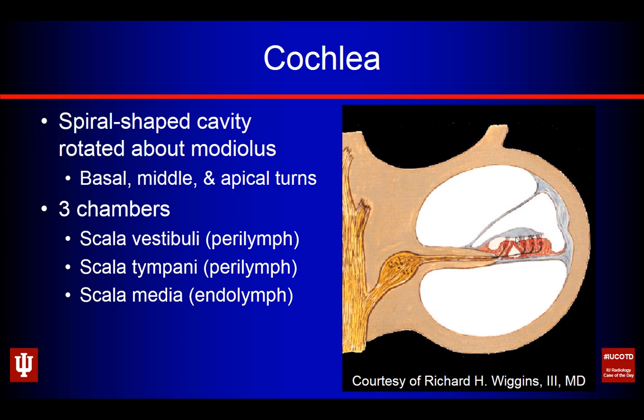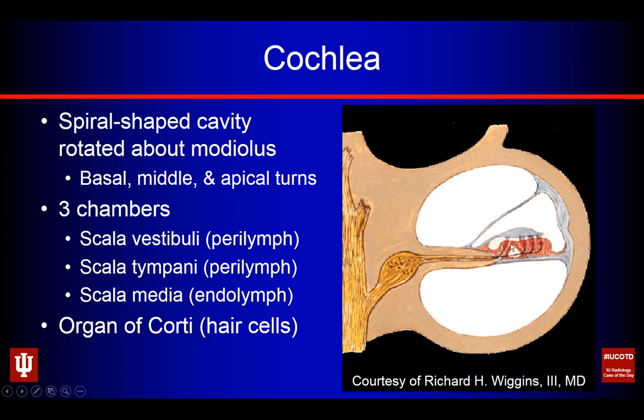The scala media also contains the critically important organ of Corti. And the organ of Corti contains the hair cells. Hair cells are important for inner ear structures. The other hair cells I've shown you before are used for coding rotational forces and head tilt kind of forces. These are used for coding hearing.